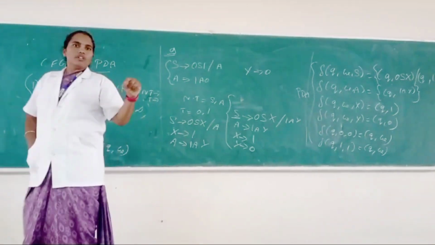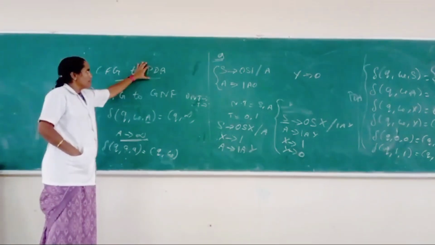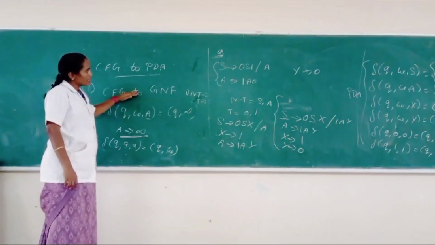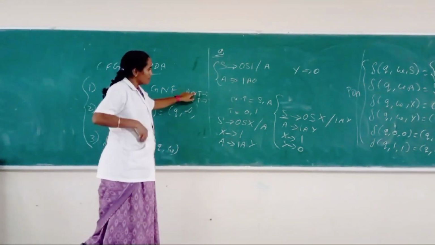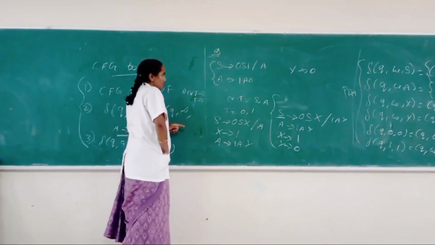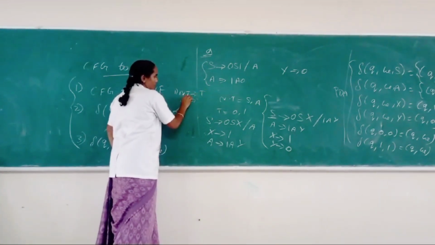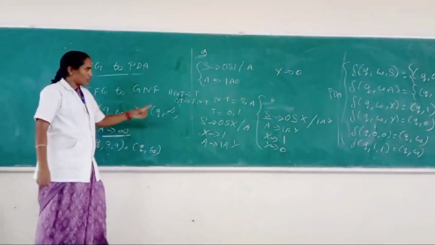Okay, so today we are going to convert context-free grammar to PDA, pushdown automata. So first convert to GNF. GNF is in the form of non-terminal tends to terminal, or non-terminal tends to terminal followed by any number of non-terminals.